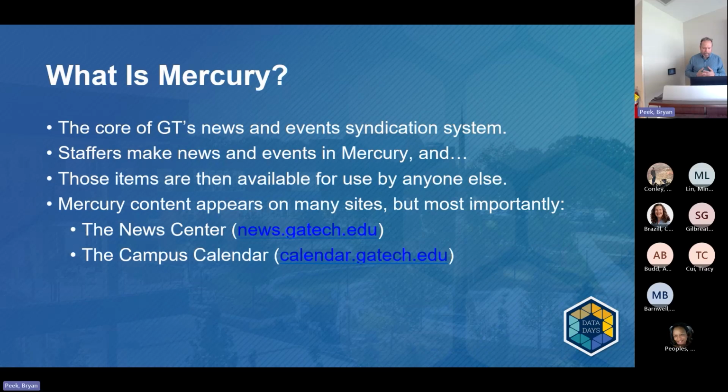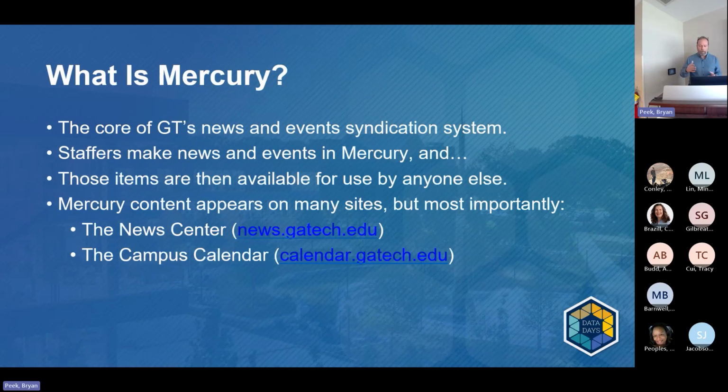Mercury content appears on, I want to say, around 100 to 200 sites. It's hard to say because there's about 400 groups in Mercury, but some of them were created a long time ago and aren't being used anymore. So it's a fair number, and above all, the News Center and the campus calendar.